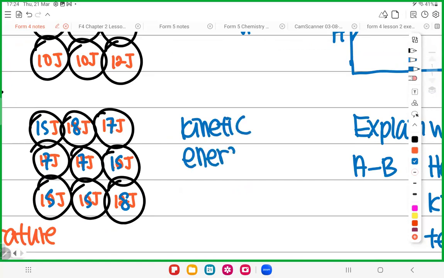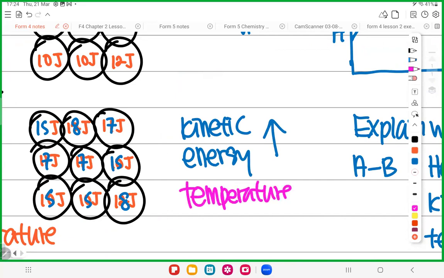Am I right? The kinetic energy is getting more and more now. So when kinetic energy increases, what happens? Okay, guys, I want all of you to learn a concept today. Kinetic energy has a best buddy, or we call them twins. The twins are kinetic energy and temperature. When I say they are twins, it means they always do the same thing.